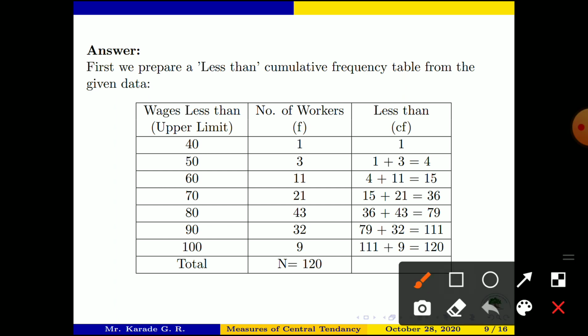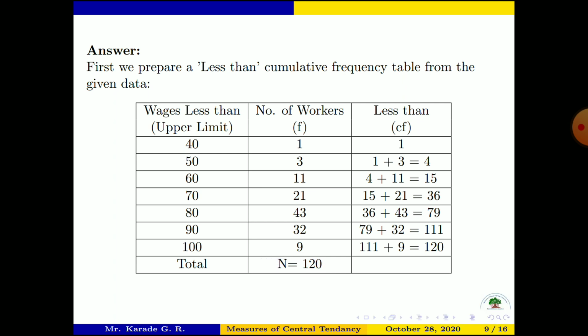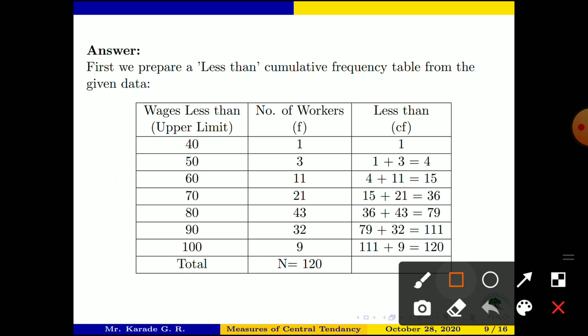So here we can see that this number gives the total number of observations in the given data.